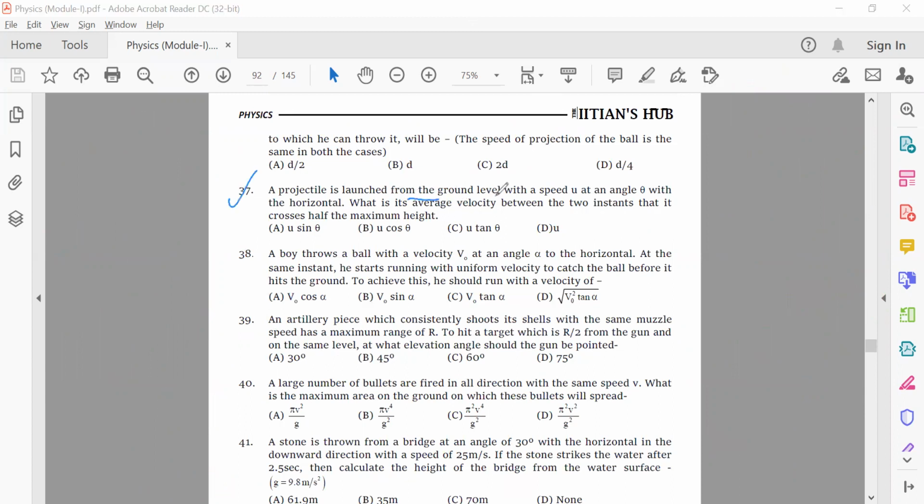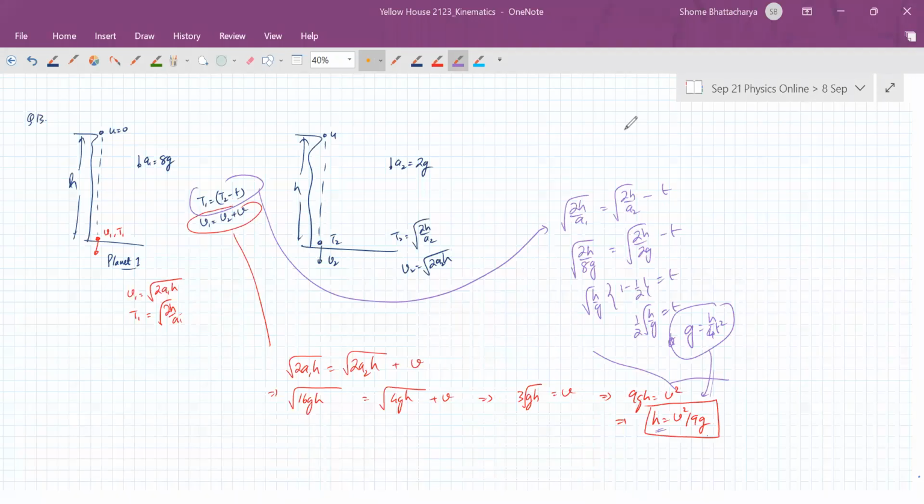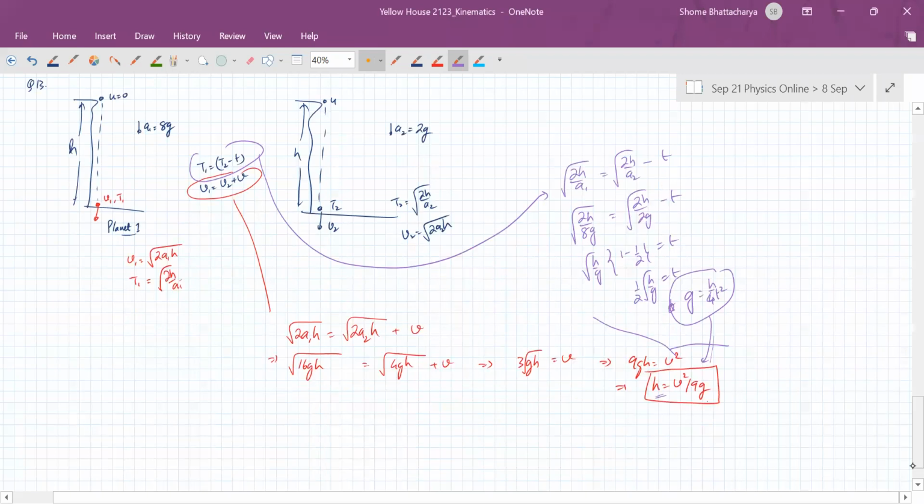It's launched from the ground level with a speed u at an angle theta. What is the average velocity between the two instants that it crosses half of the maximum height? This is a very interesting question, and it can be solved by using a very simple concept, that average velocity is displacement upon time.